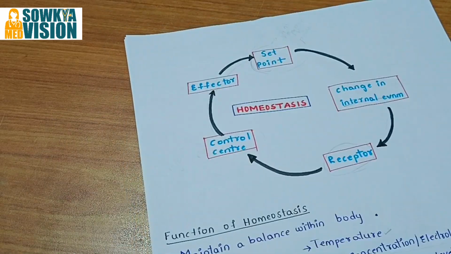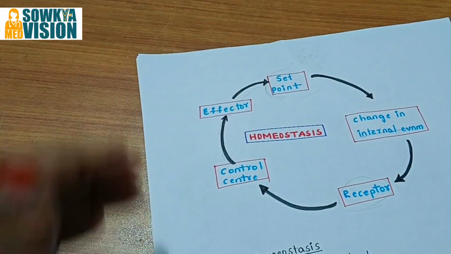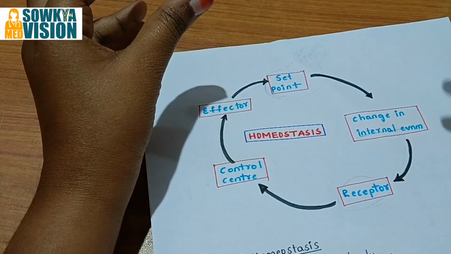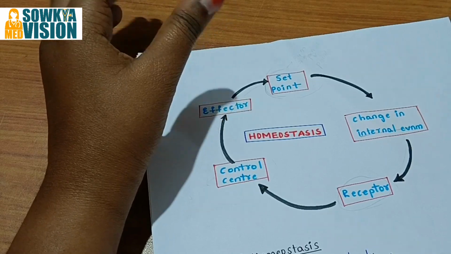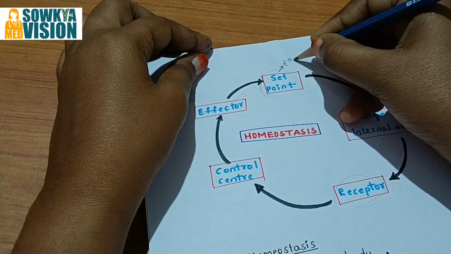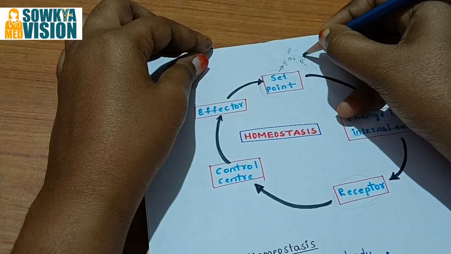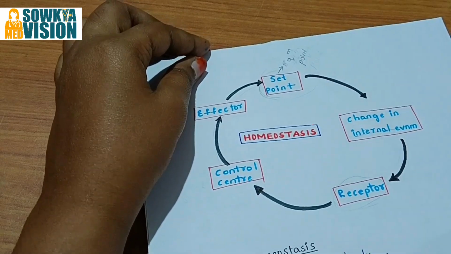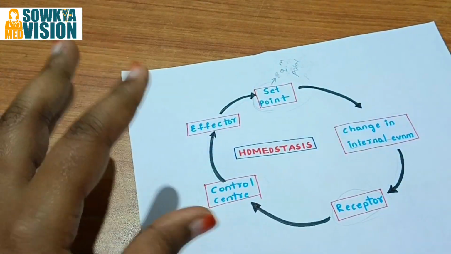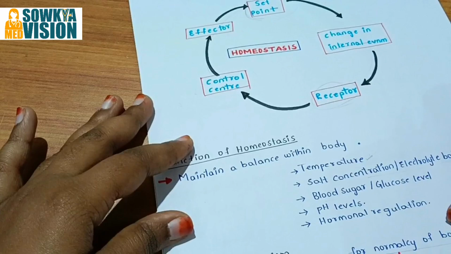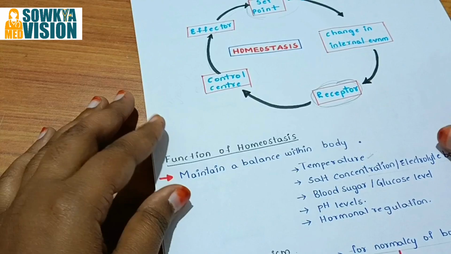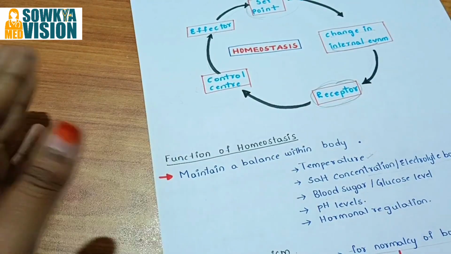See, this is a set point, the equilibrium point. If there is any change in this equilibrium, there will be receptors which receive the information about the change in the internal environment.